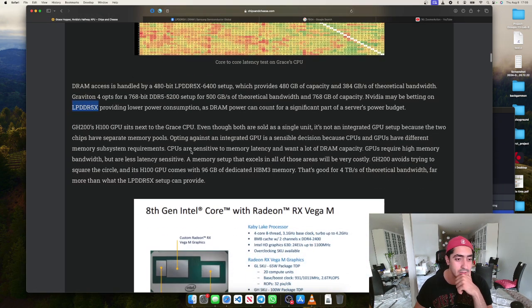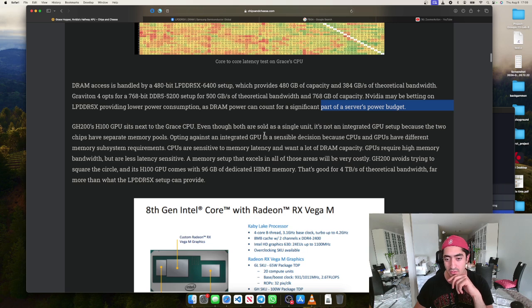Alright, sure. Providing lower power consumption as DRAM power can count for a significant part of a server power budget. GH200's H100 GPU sits next to the Grace CPU, even though both are sold as a single unit. It's not an integrated GPU setup because the two chips have separate memory pools. Opting against an integrated GPU is a sensible decision because CPUs and GPUs have different memory subsystem requirements.